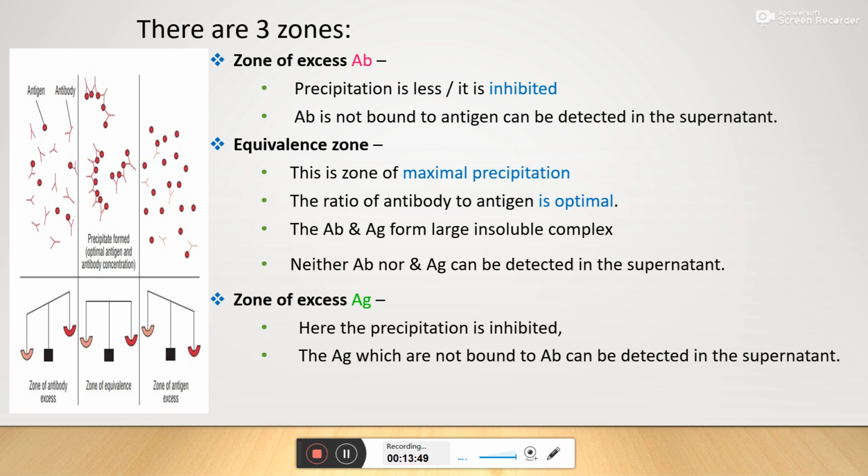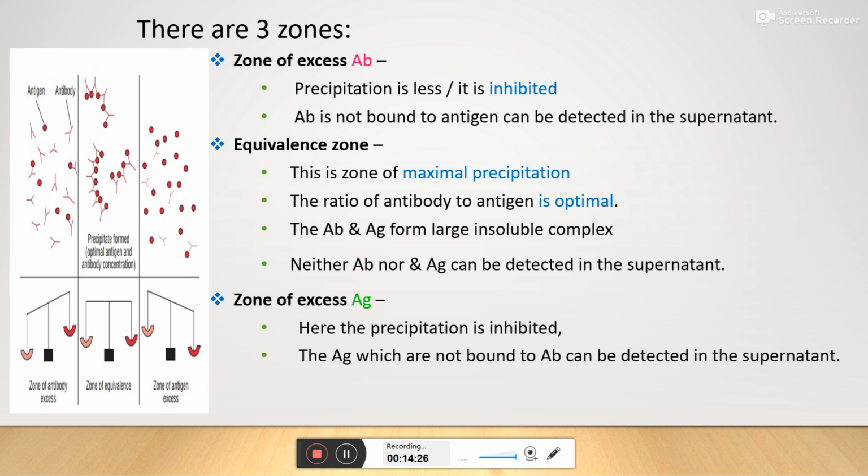All the antigen and antibody are bound to each other, so no free antigens or free antibodies can be seen in this zone, and antibody and antigen form a large insoluble complex. As a result, a precipitate forms. Neither antibody nor antigen can be detected in the supernatant.